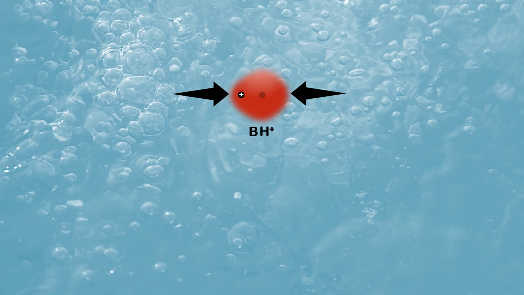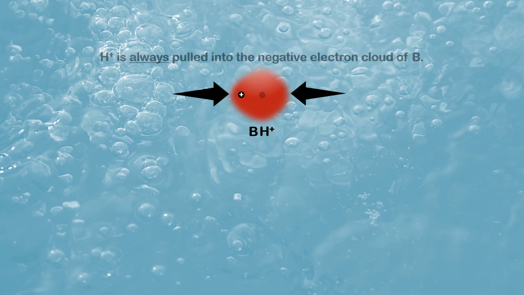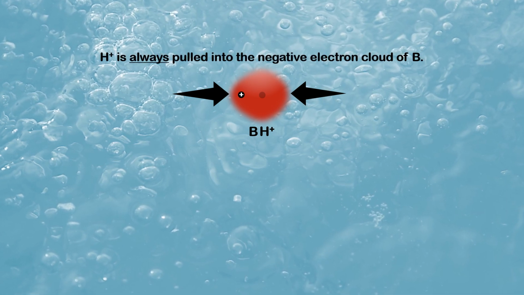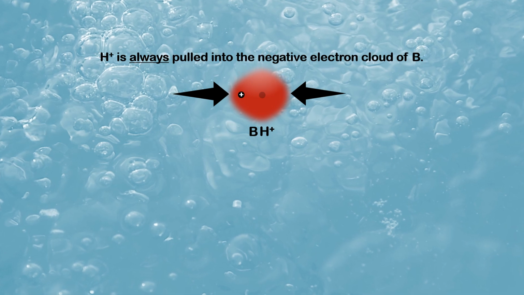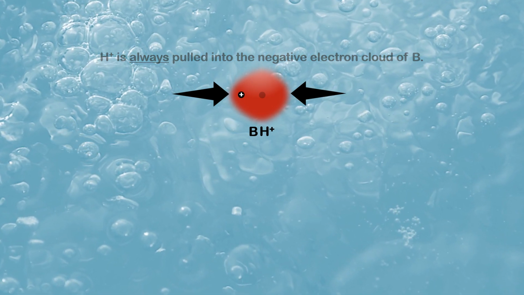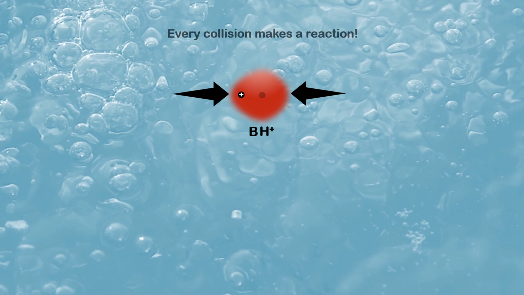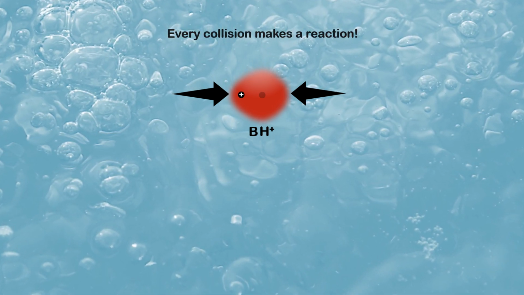With no energy barrier, the positive proton, H+, is always pulled into the negative electron cloud of B, and the collision partners become the positive ion BH+. Every collision makes a reaction.